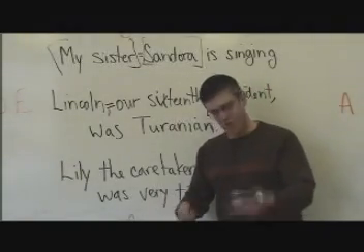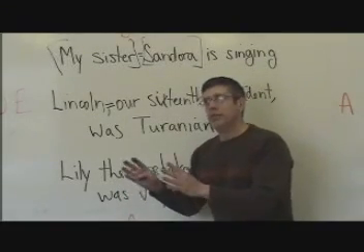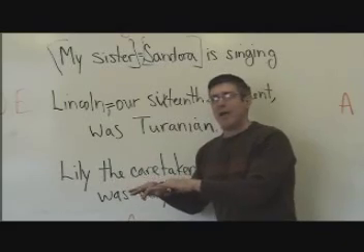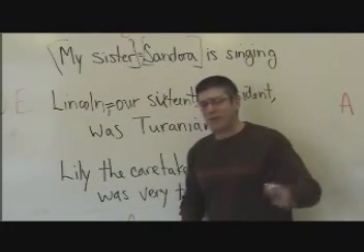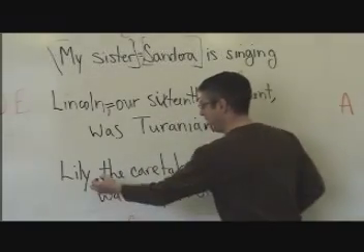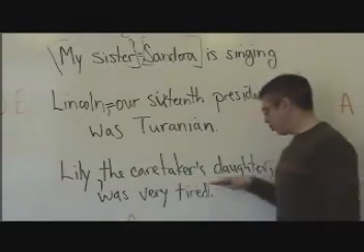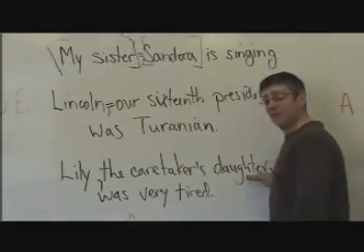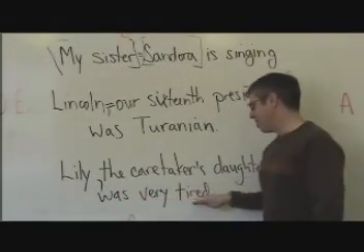If you open up a story, the first word is Lily, are you thinking about, well, is this the Lily I'm reading about now as opposed to the Lily that maybe is going to be introduced 5 pages from now? No, of course not. There's only one Lily in play. So it's Lily, comma, the caretaker's daughter, and this is the appositive, and it's a non-restrictive appositive, was very tired.